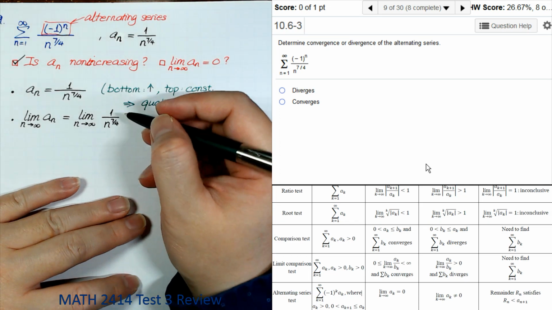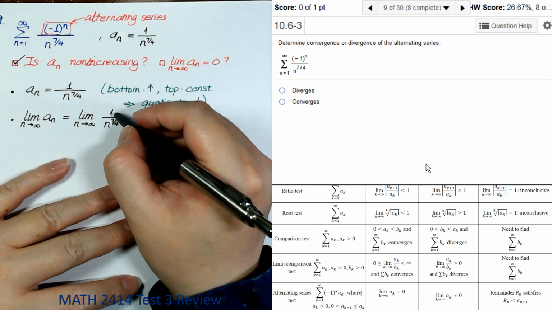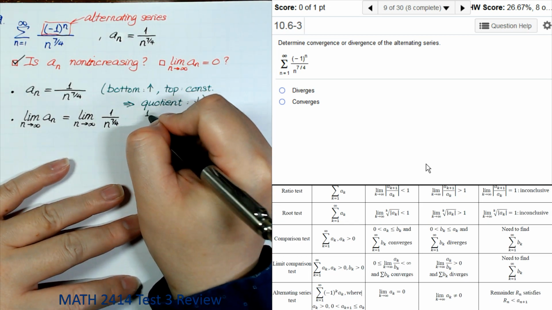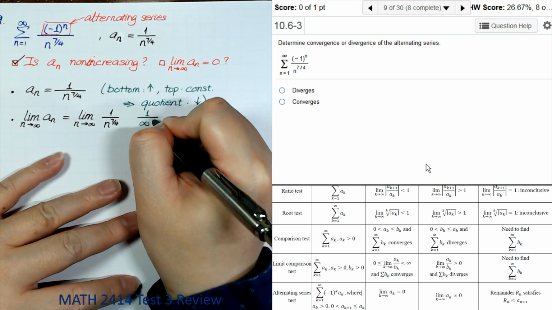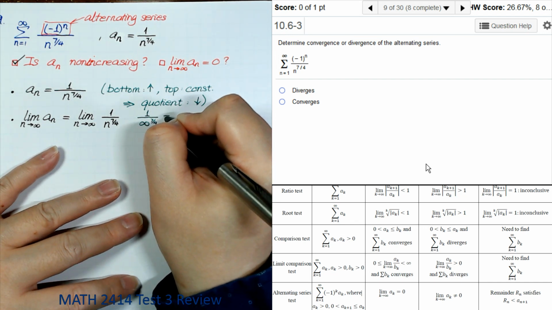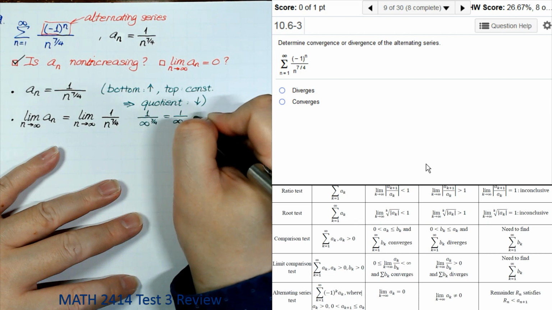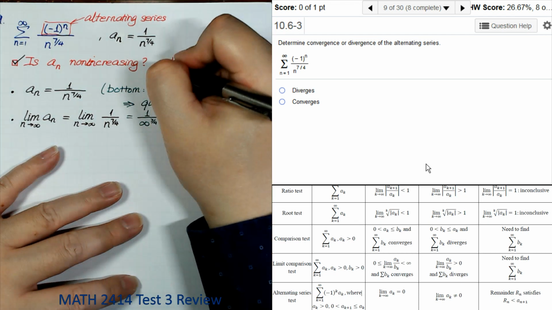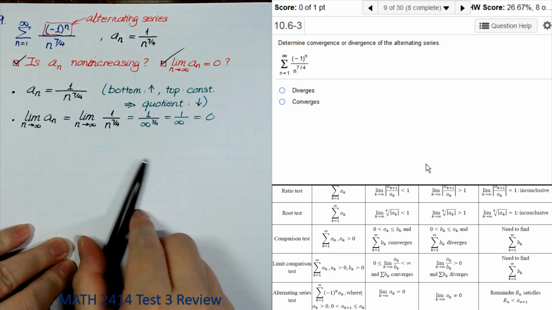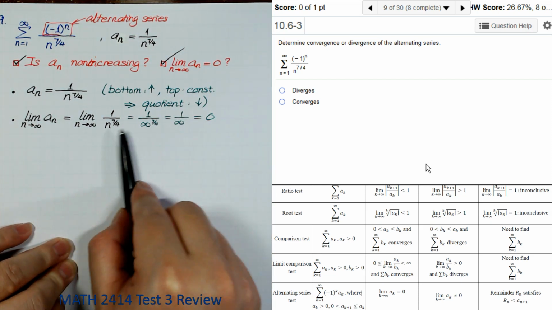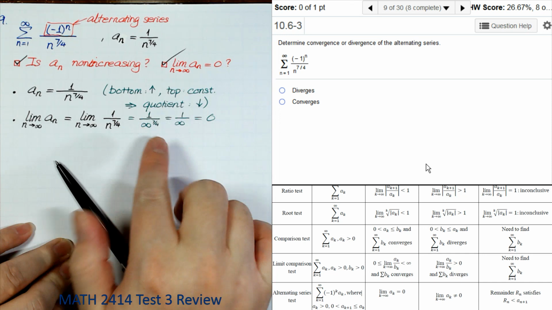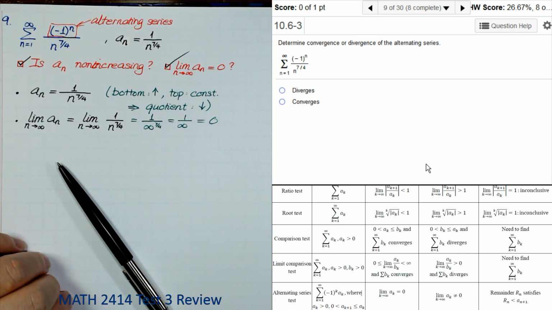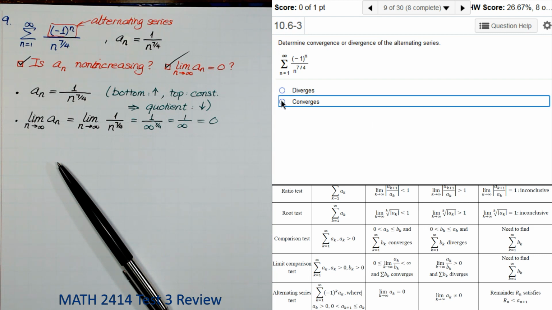There's some reasoning along the line: the top is finite, the bottom is infinity. In that case, that is equal to 0. By the way, it's wrong to write it like this, but we know the limit equals 0. It's better to just not write anything in the middle and say that it equals 0. So both of the boxes I check are convergent.